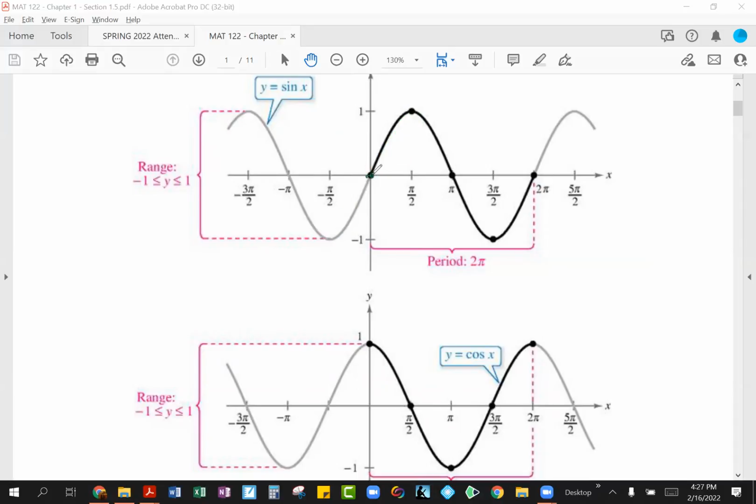And you can do this for any point on the graph, so we could pick this point right over here and this point right over here. If you calculated this distance and the distance on the other side, this distance would be the same. So this is what we're talking about in terms of symmetry with respect to the origin.